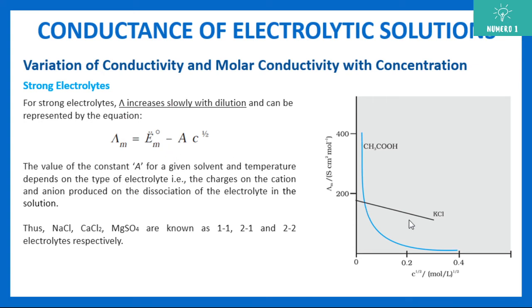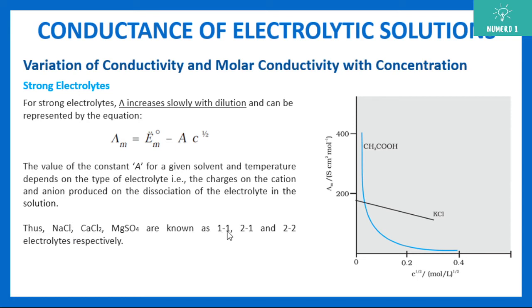Now here the value of A is the slope of this equation. You can see this constant A, for a given solvent and temperature, depends on the type of electrolyte. Type of electrolyte means the charges on the cation and anion produced on the dissociation of the electrolyte in the solution. Let's talk about these charges. NaCl has +1 and -1 charge.